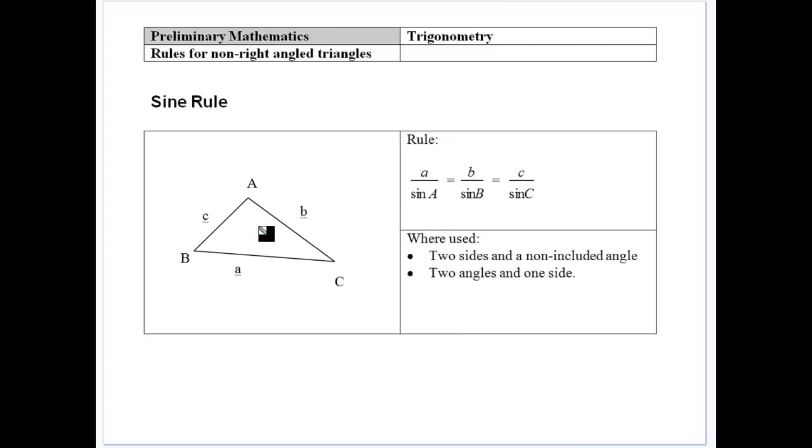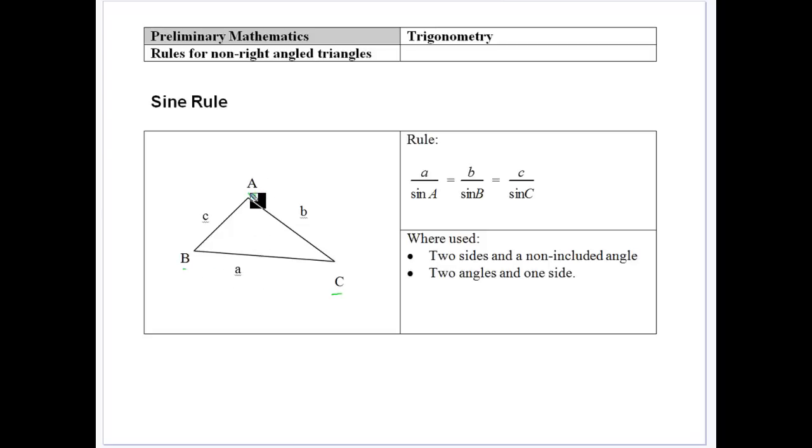So the idea of the sine rule: if we have our triangle labelled like this, with a side a, typically our triangles are labelled with the capital letters on the vertices and the small letters on the sides opposite the vertices with that same letter.